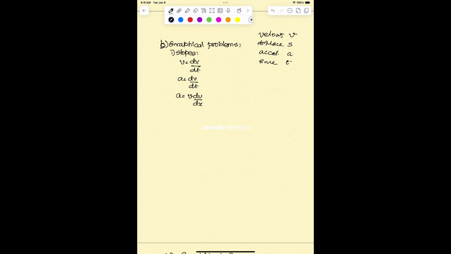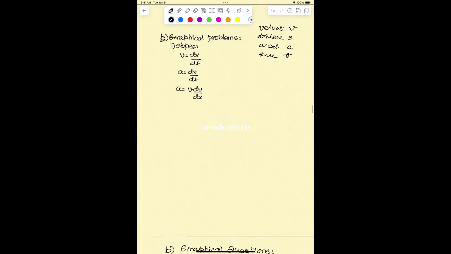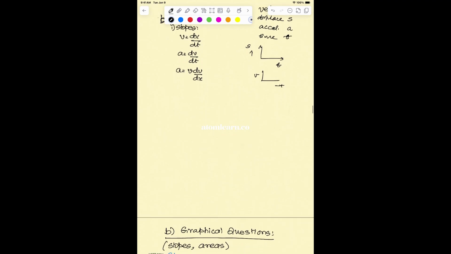These are the four variables involved, and therefore the graphs can be made along the x-axis and y-axis. Along the x-axis the usual variable is time t, and along the y-axis it can be displacement or velocity. That is the usual type of graph.